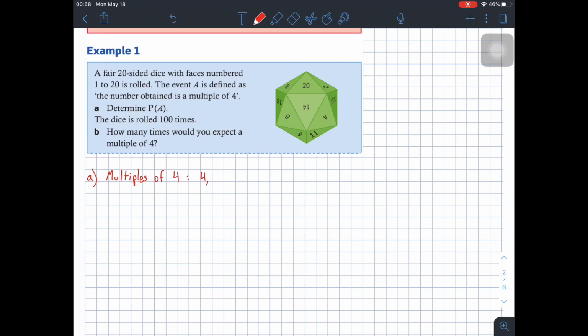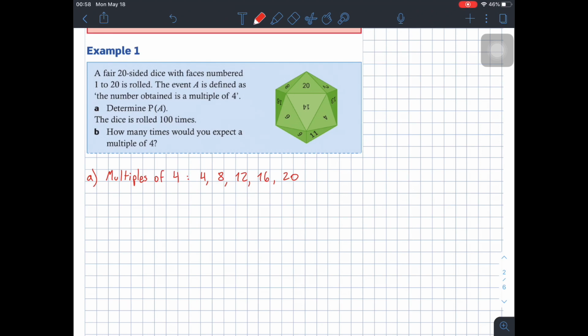Then we have 8, 4 times 2, 4 times 3 is 12, 4 times 4 is 16, and 4 times 5 is 20. And we will stop here because we have only 20 sides in this dice. So the relevant multiples of 4 are 4, 8, 12, 16, and 20. So we have 1, 2, 3, 4, 5 different alternatives, okay?